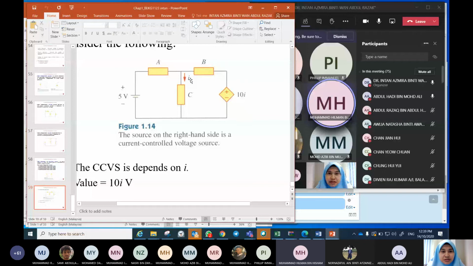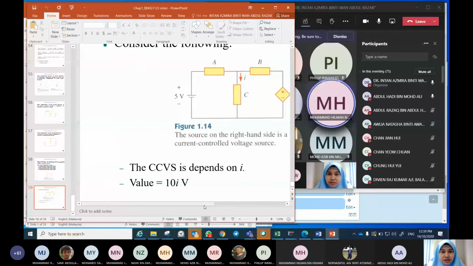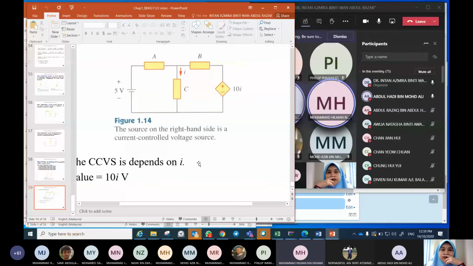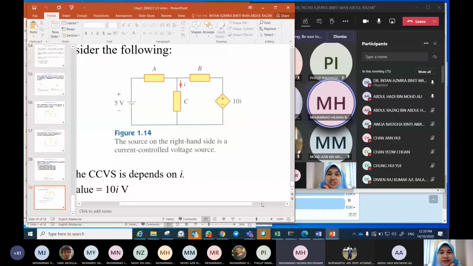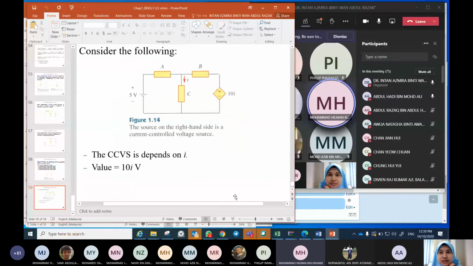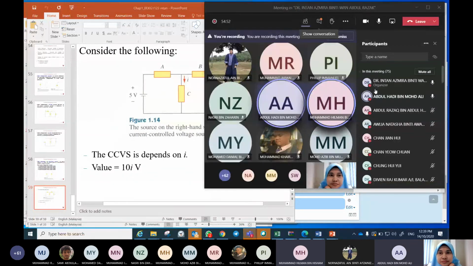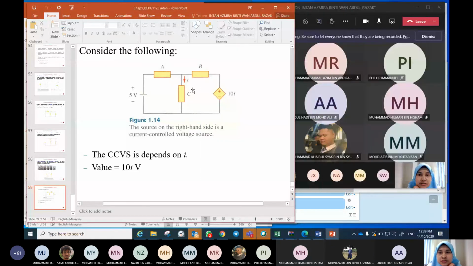In this case it depends on the current I, which is here. If I is 3, the dependent source will become 30, like that. It depends on another current. Thank you.